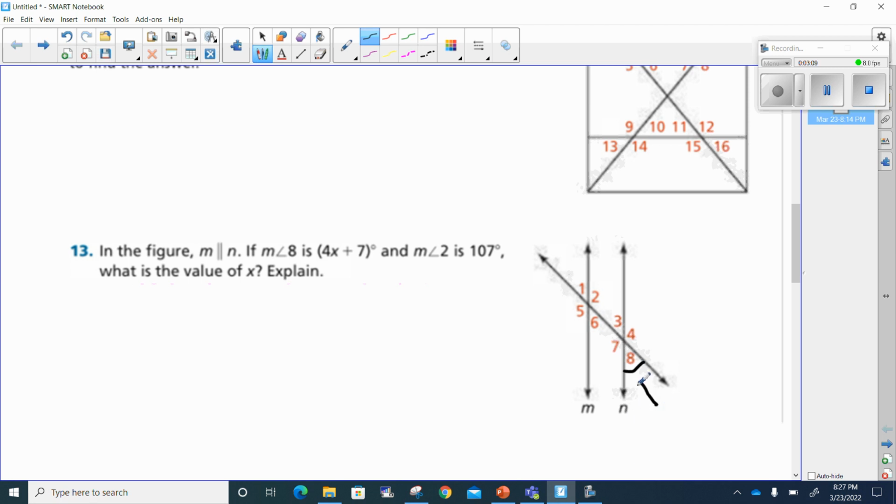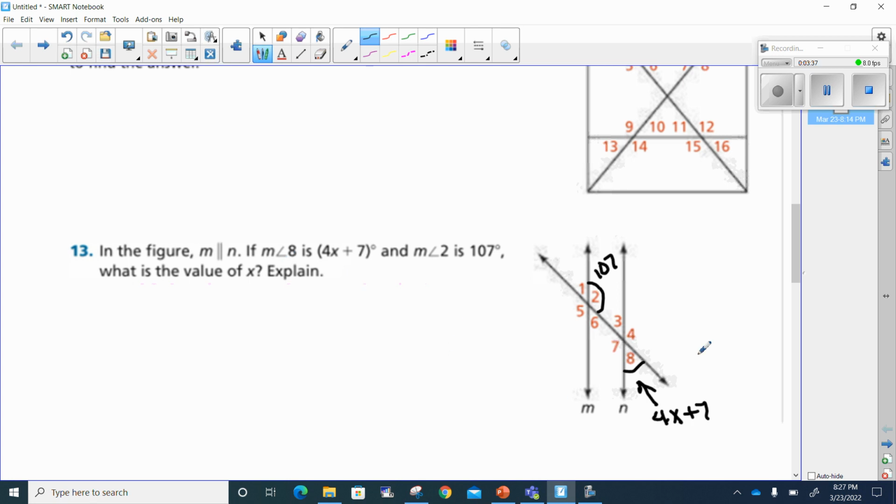This time we got an expression here, 4x plus 7 is angle 8. And they want to know if measure of angle 2, which is this one, is 107. Okay, what is the value of x?